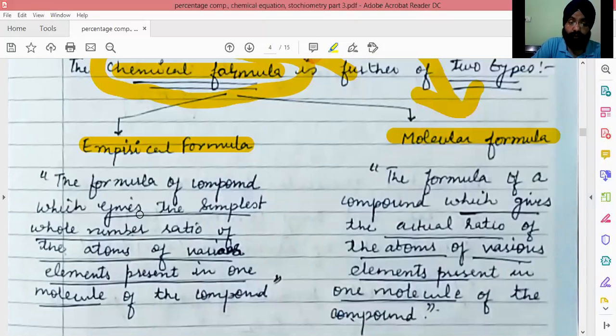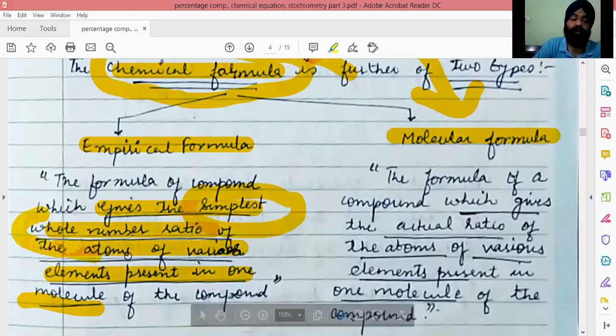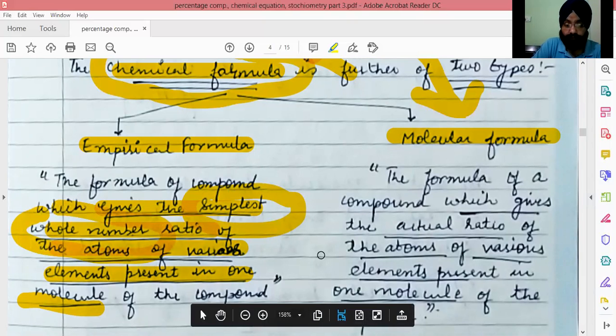The formula of a compound which gives the simplest whole number ratio of atoms of various elements present in one molecule, not the actual but the simplest whole number ratio, is given in terms of the empirical formula.